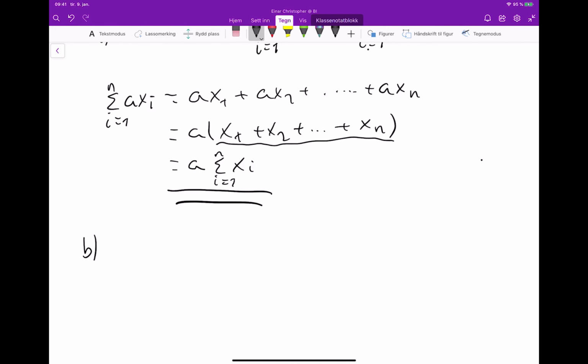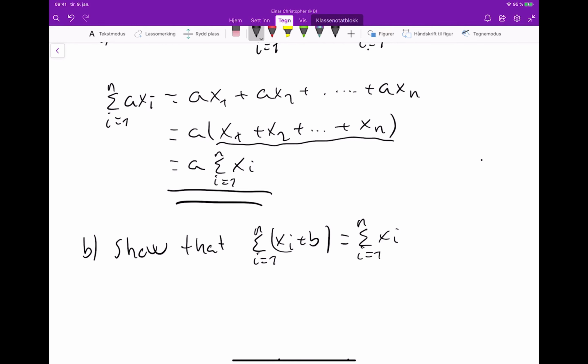Exercise B. It's pretty much the same, but here we are going to show that the sum from i equal 1 to n of xi plus b is equal to the sum of xi from i equal 1 to n plus nb.